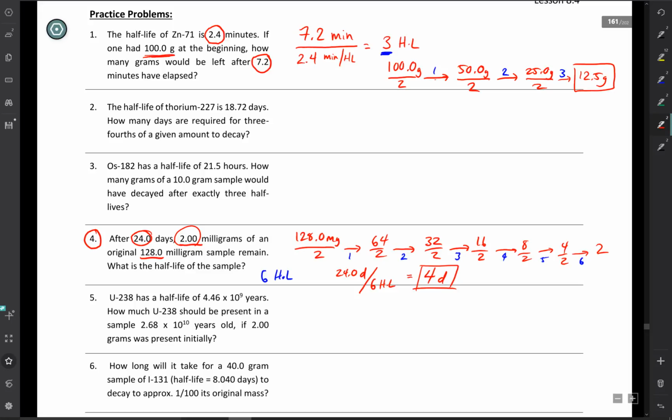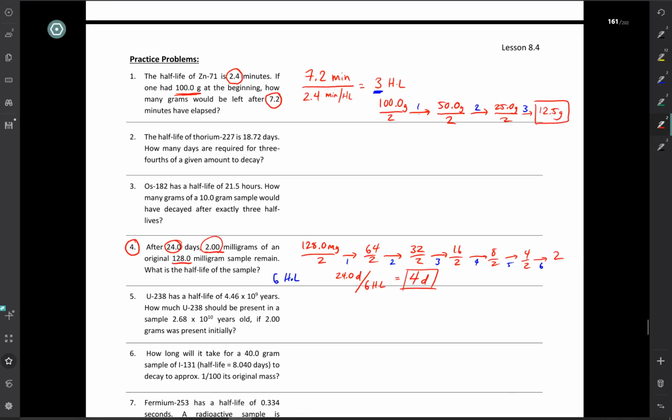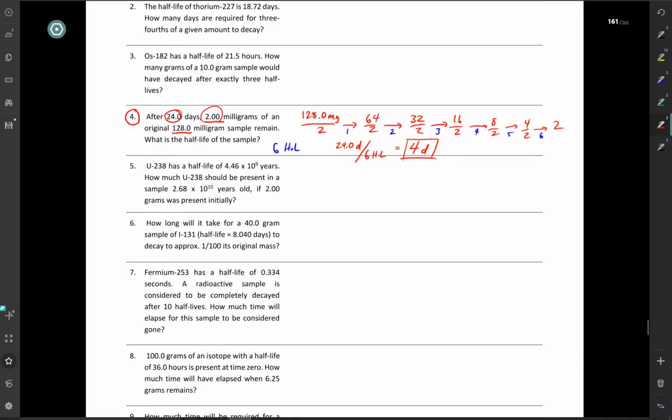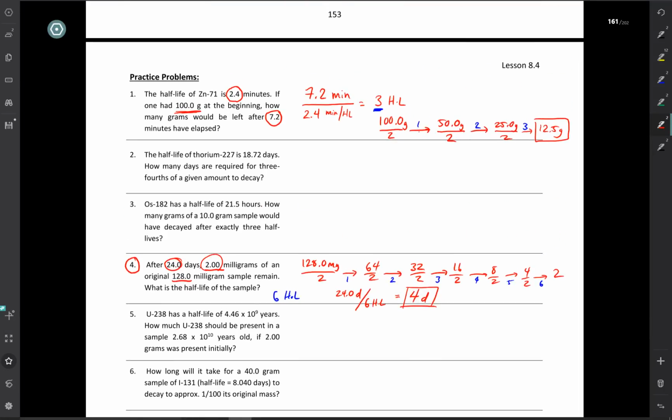It's going to work out that we're always going to end up with a whole number of half-lives. So in other words, I can give you 3 half-lives, I can give you 6 half-lives, I can't give you 5.73 half-lives. That just kind of makes things more complicated than they need to be at this point in time. So brute force and ignorance, aka dividing by 2 until you get to the final answer, is going to work out just fine. Okay, I'm going to leave you with those questions and practice problems to work on your own.